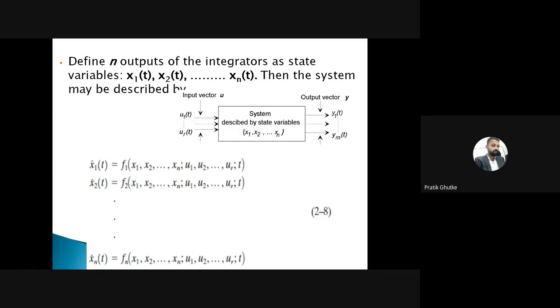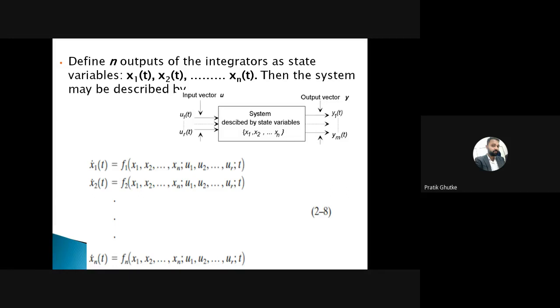In pictorial form, we define the n outputs of the integrators as the state variables x1 of t, x2 of t, and so on up to xn of t. Then the system can be described as follows: you have an input u and an output y. The system is described by the state variables x1, x2 up to xn.